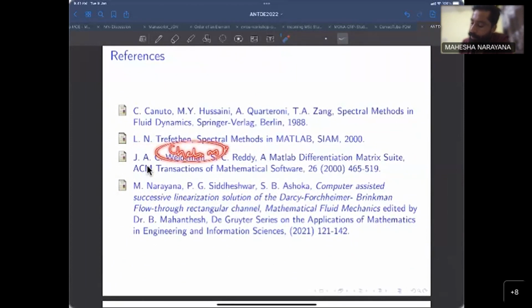Weideman and Reddy is another book, which is very good for spectral methods. And the more details of this particular problem, you can find in this particular book chapter. All the details you can find here.